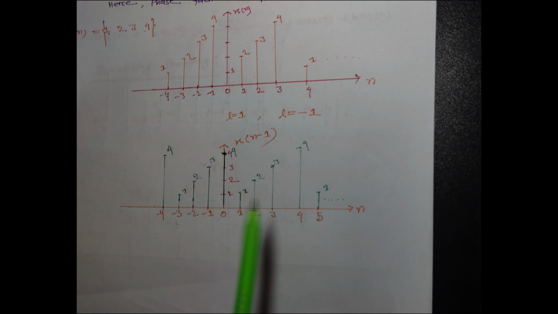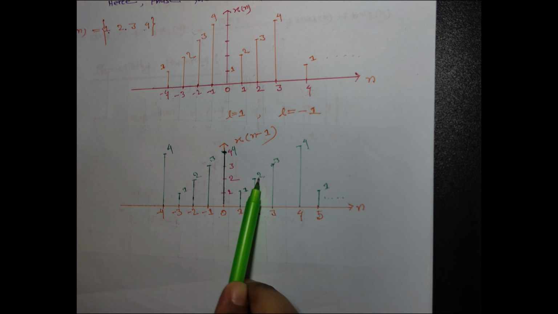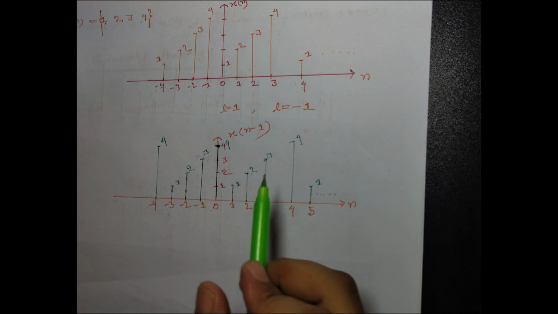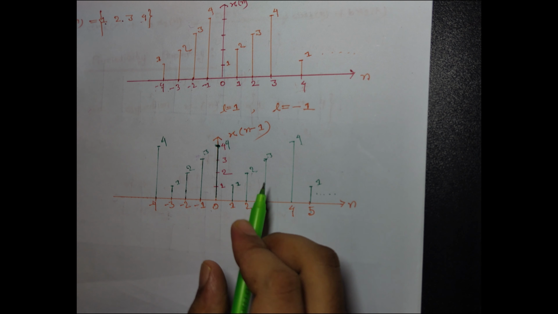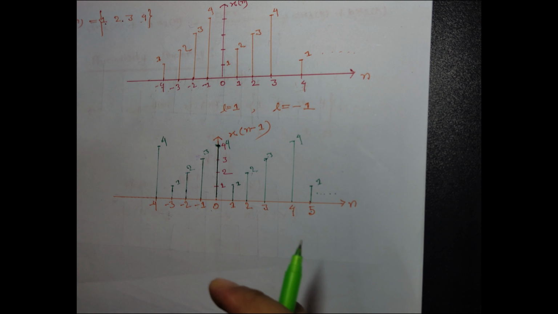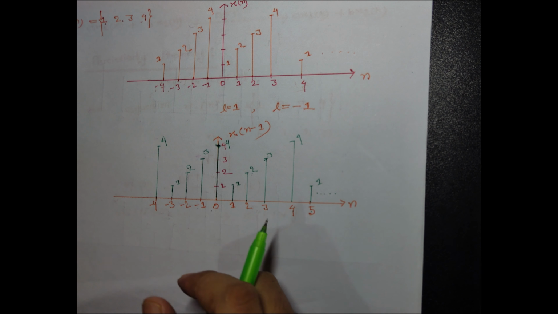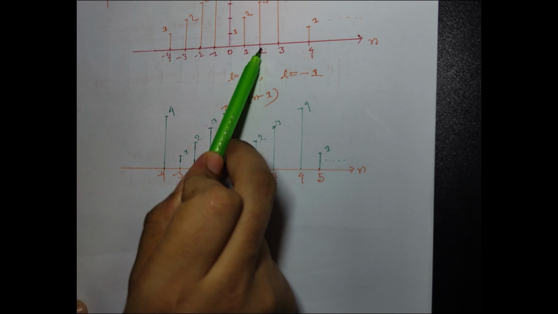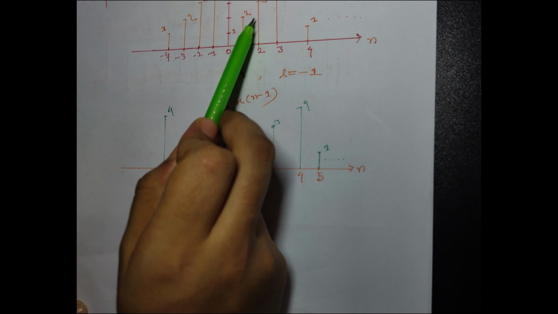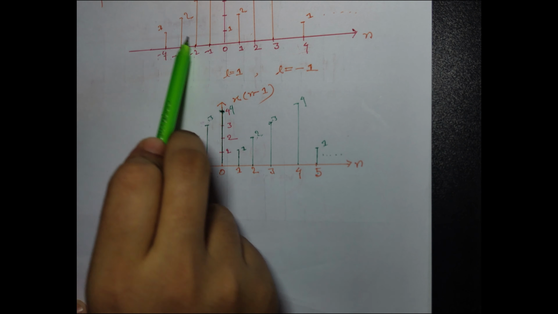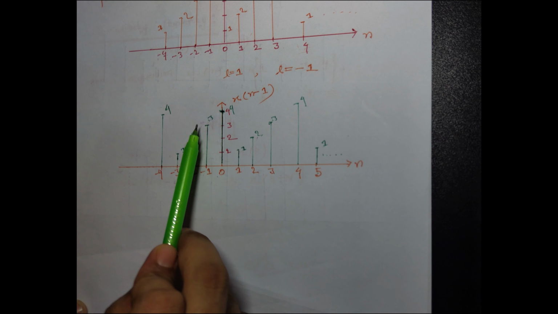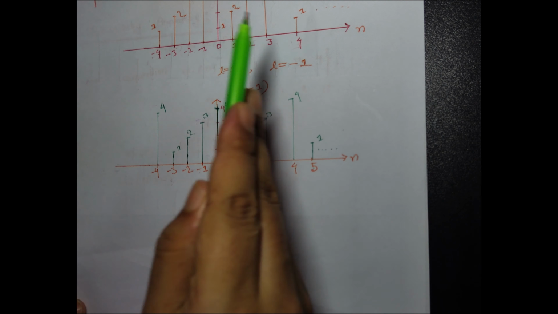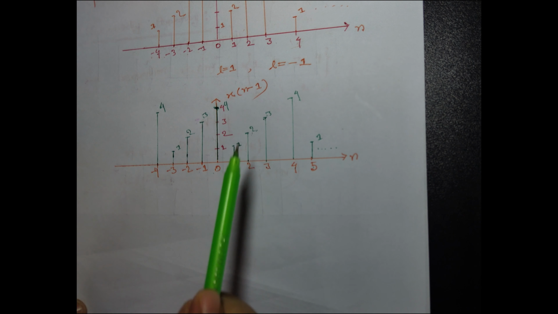In 2 the value is 2, because this shifting moves the signal to the right. The value at each fixed position is shifted to its next position in the new signal.